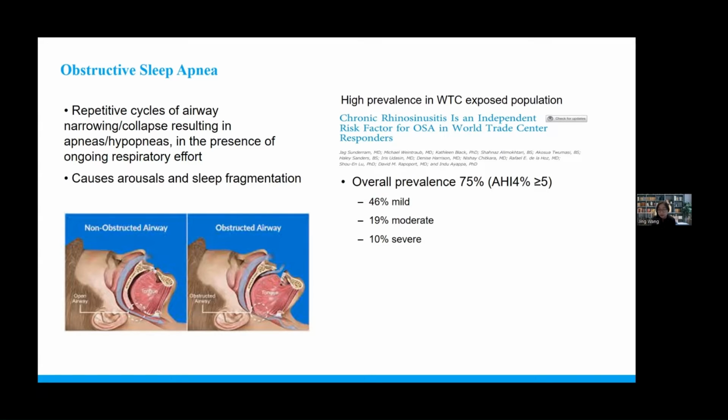So really high numbers. The majority of patients tend to have mild, but there is a spectrum of moderate and severe patients as well. The paper also highlights, as the name suggests, the presence of chronic rhinosinusitis as an independent risk factor for OSA in the World Trade population.